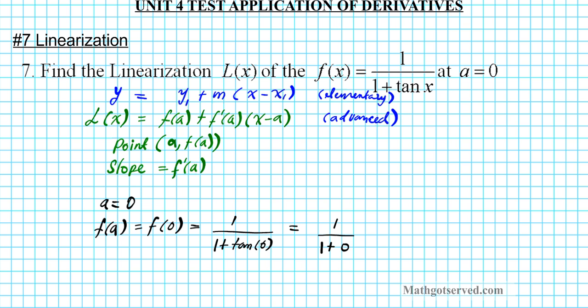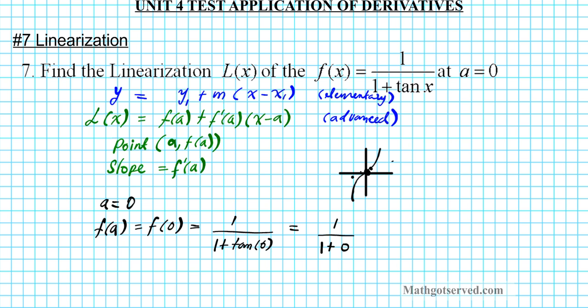Tan 0 is 0. If you think about your tan curve, let's sketch that real quick. Your tan curve looks something like this. So it's concave down, and then concave up, and then concave down.